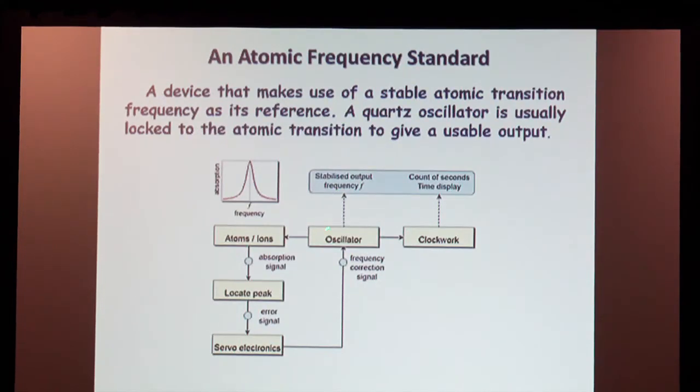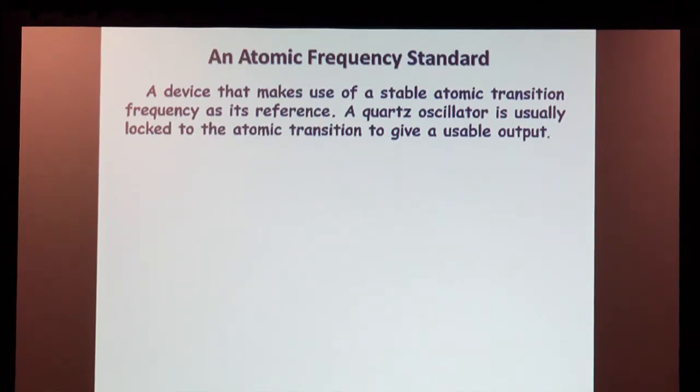You have a quartz oscillator and you synthesize a frequency which equals the atom's transition frequency. You interrogate the atoms and it shows a sign that it has responded, the frequency is right. That means you locate the peak and then servo that signal to lock this oscillator to a particular peak or a resonance of an atom. So that's basically the schematic of an atomic clock.